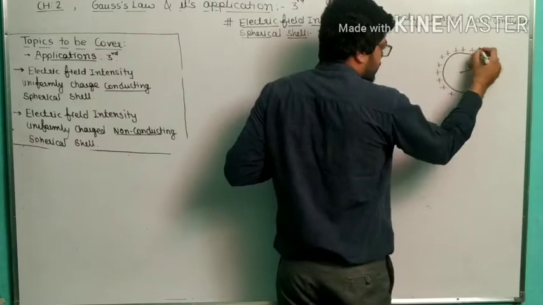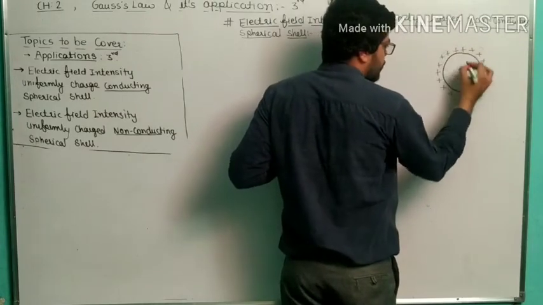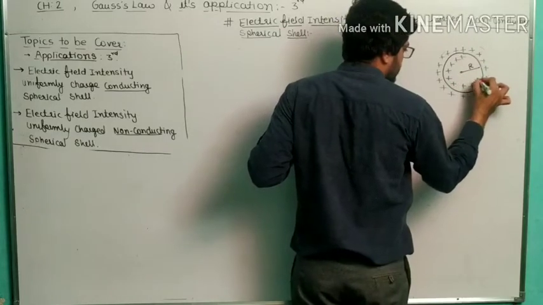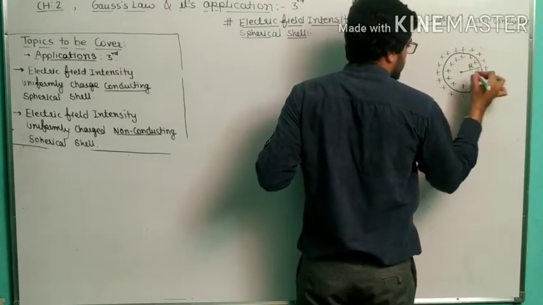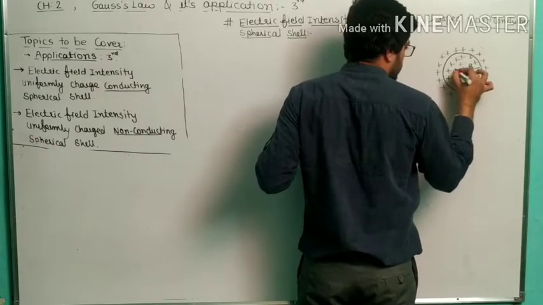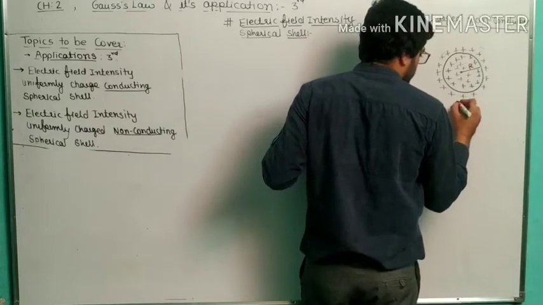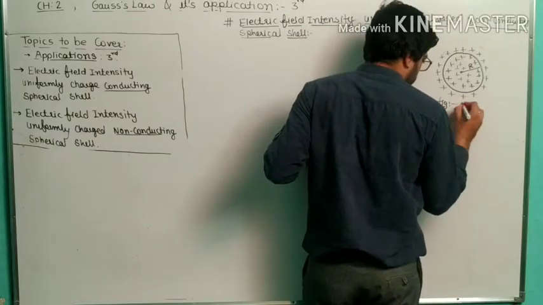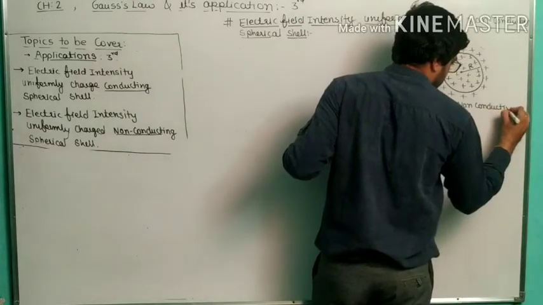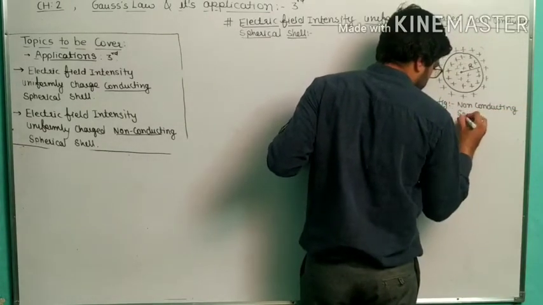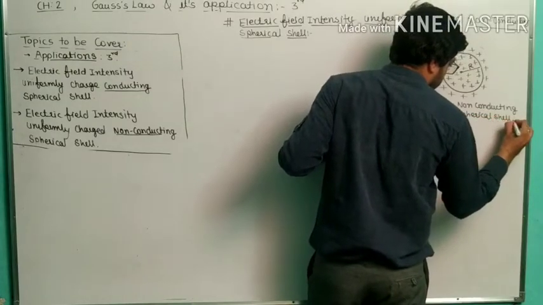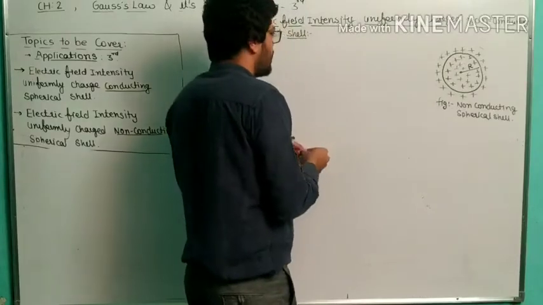See, this is non-conducting. Outside charge is distributed as well as inside charge is distributed. So this is a diagram of a non-conducting spherical shell.